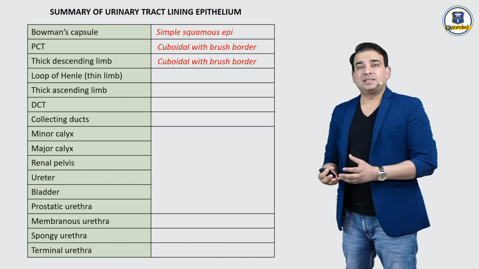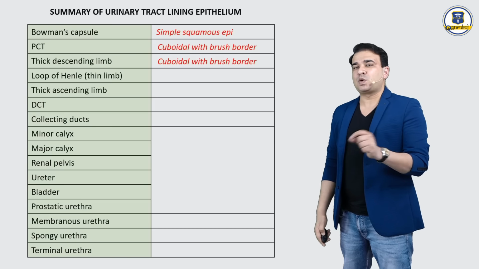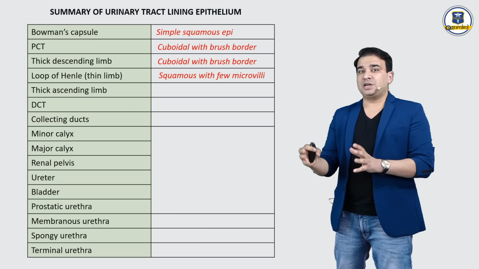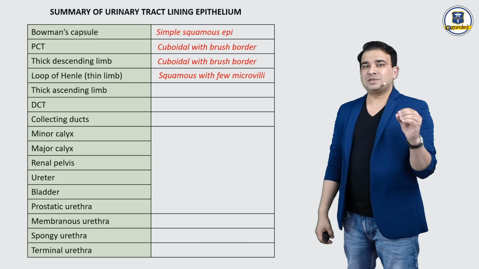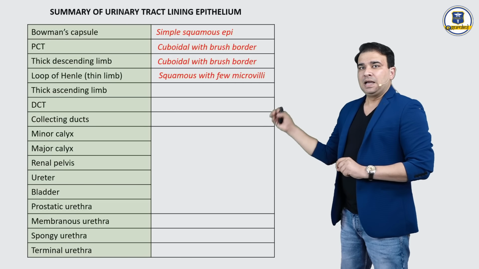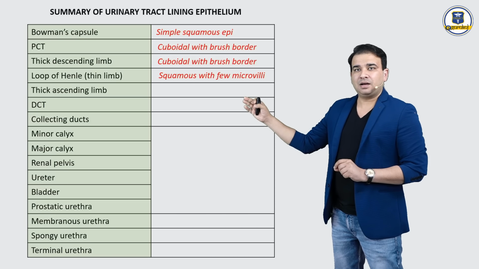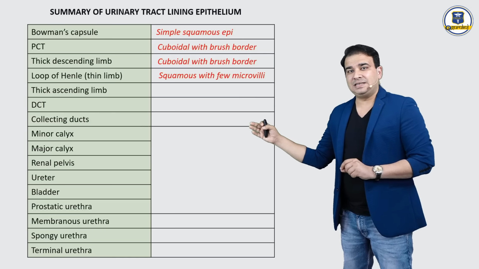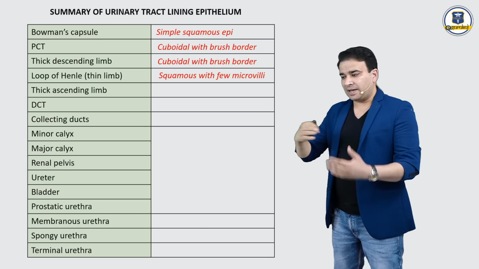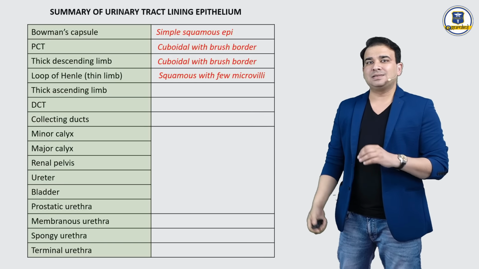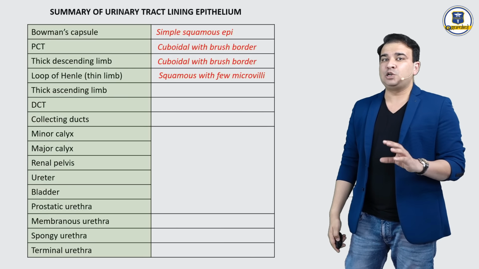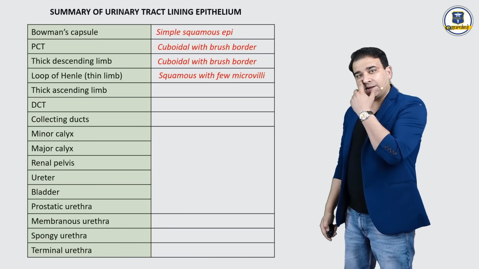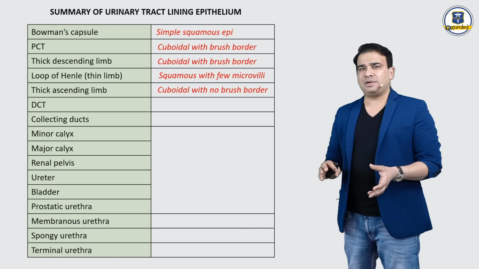The thin part of the loop of Henle has a simple squamous epithelium, which we said we need to differentiate from the venule, the simple squamous epithelium with the microvilli. We have the thick ascending limb and the DCT, and also the collecting duct. Again, they have the same kind of epithelium, that is the cuboidal epithelium, but this time it is not a brush border. Although in the collecting duct you may have a columnar epithelium at places, usually it is cuboidal only.